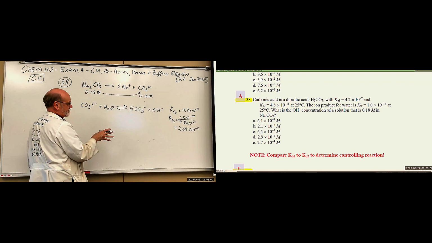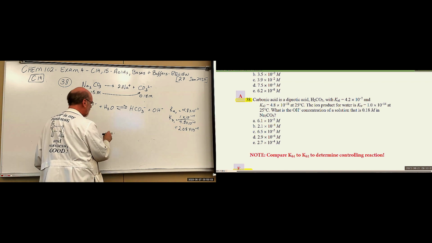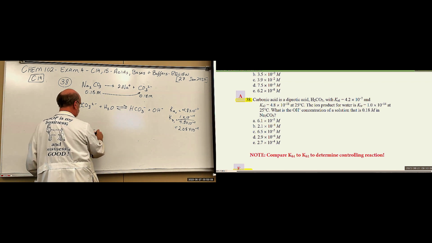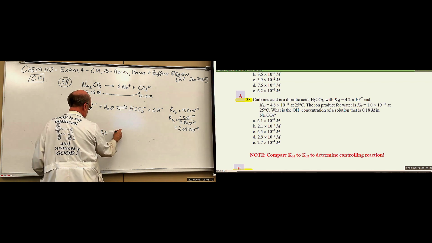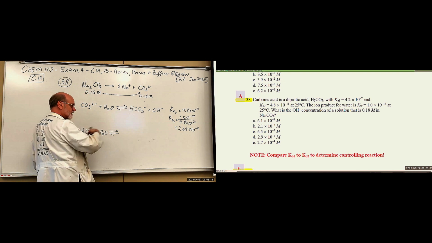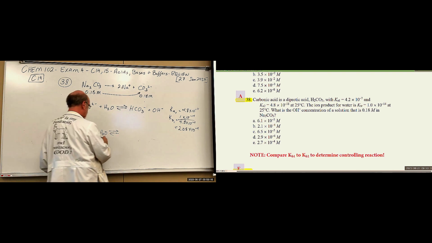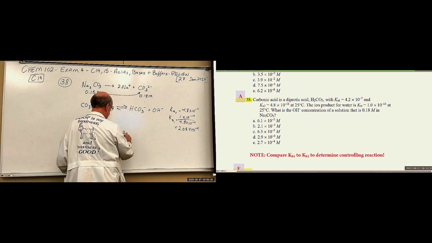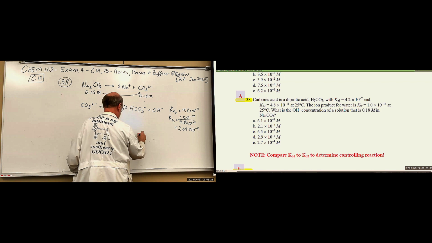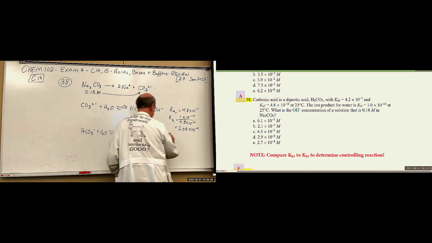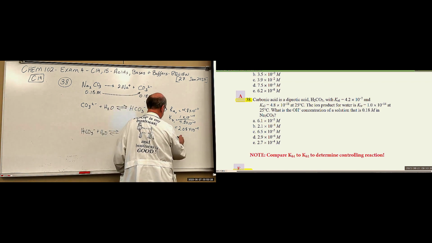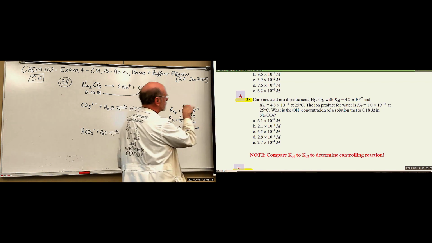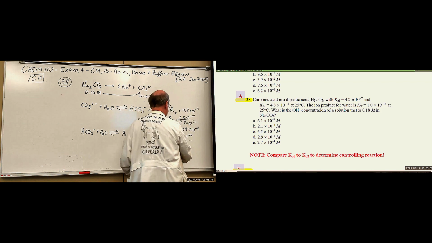Now, what if we wanted to look at this one when it reacts, HCO3 minus plus water, because this will happen, but is it significant? Is it going to influence the pH at all? Is it going to influence the hydroxyl concentration? So this will give us H2CO3 and OH minus, and the Kb for this one is going to be 1 times 10 to the minus 14 divided by 4.2 times 10 to the minus 7.